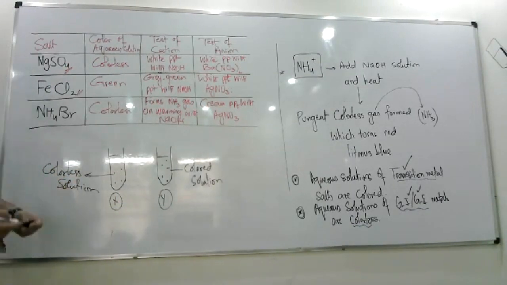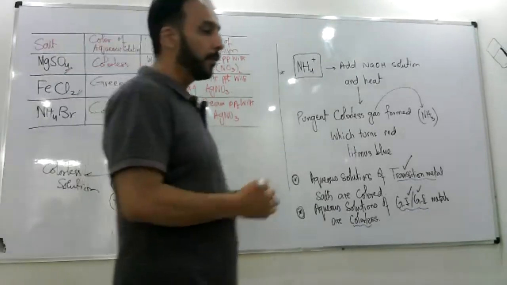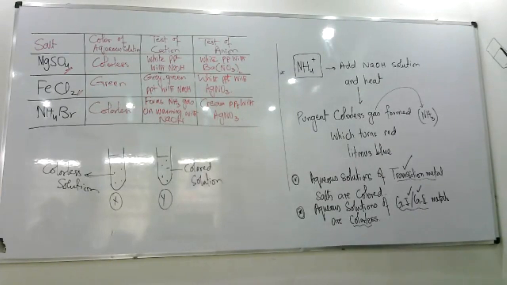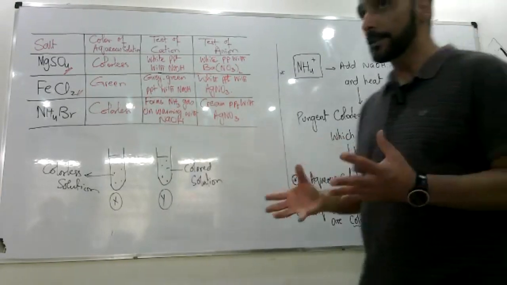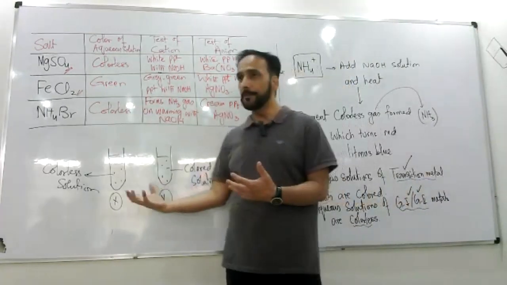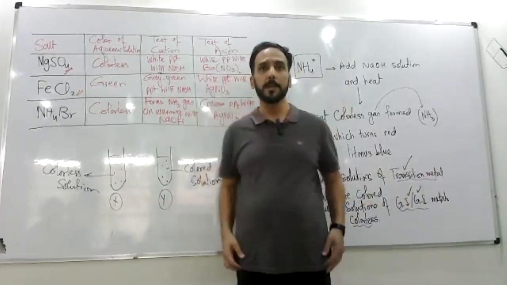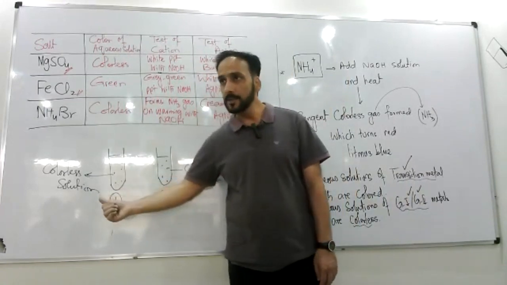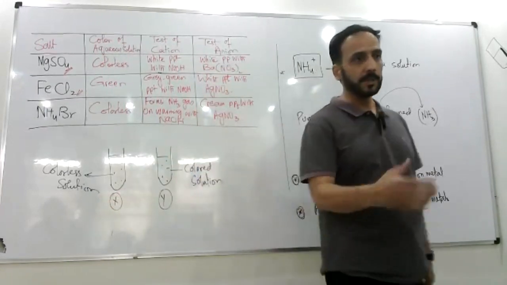So from this information given in the question, what first thing can you deduce from it? Like by looking at the information, you can make up a clear-cut concept about it. That this is a colorless solution, this is a colored solution. So what does it tell you?